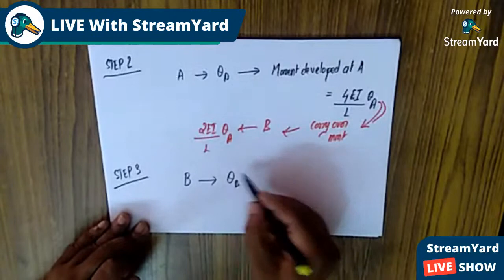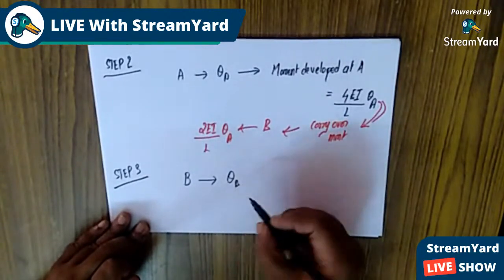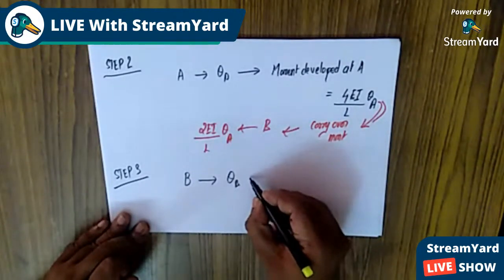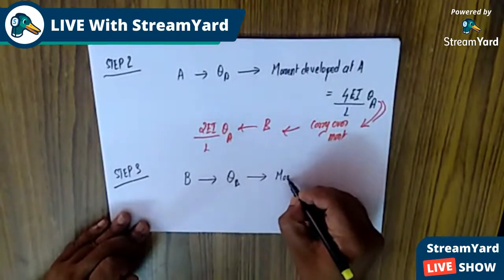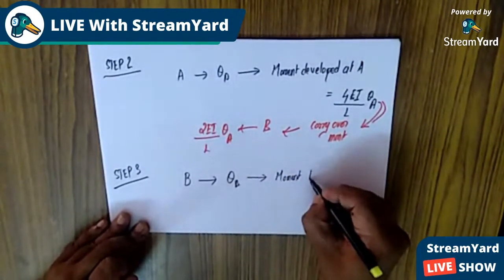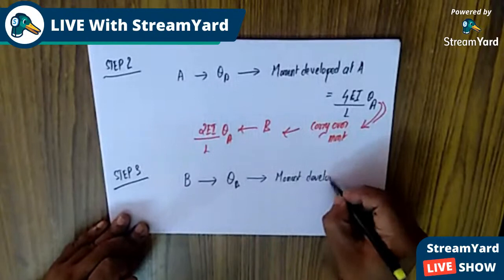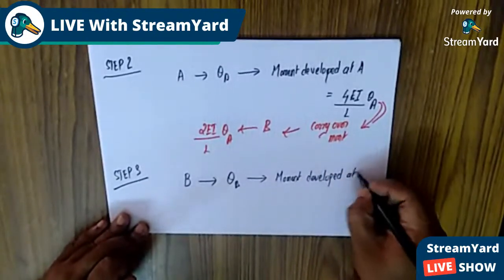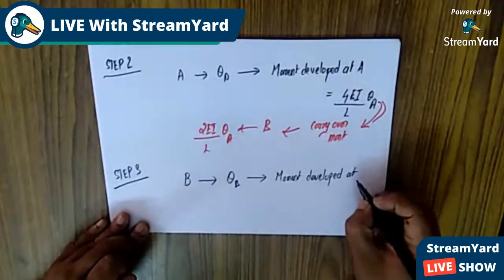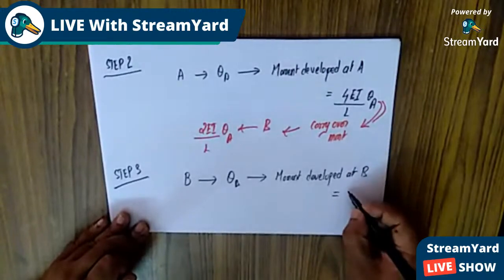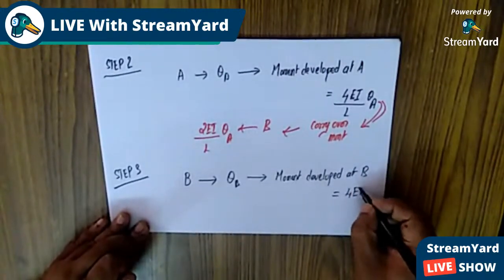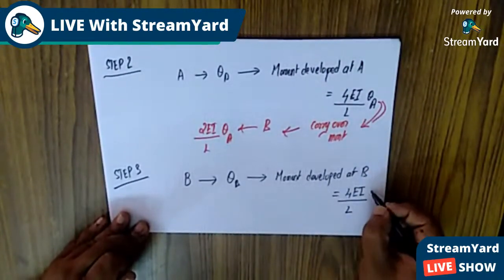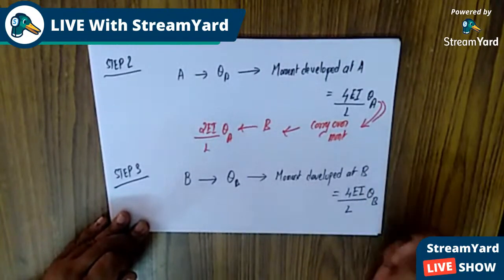This is the rotation developed at end B. The moment developed at B, going by the same fundamentals as we did in step 2, will be exactly equal to 4 EI upon L, but here the rotation will be theta B.